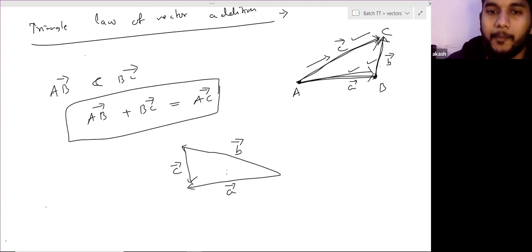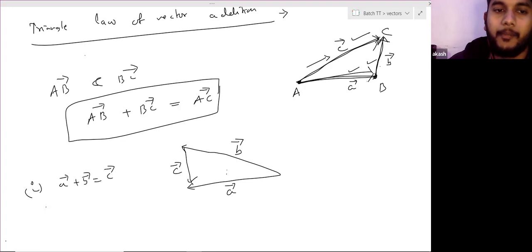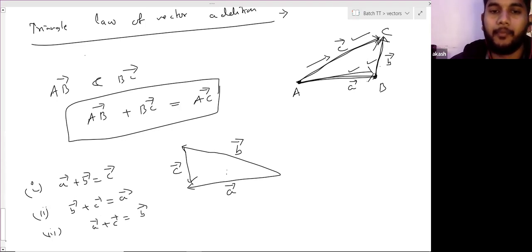Send the answers on chat. I'll give you options also. A vector plus B vector is C vector. B vector plus C vector is A vector. A vector plus C vector is B vector. All right, think about this. Try to solve.